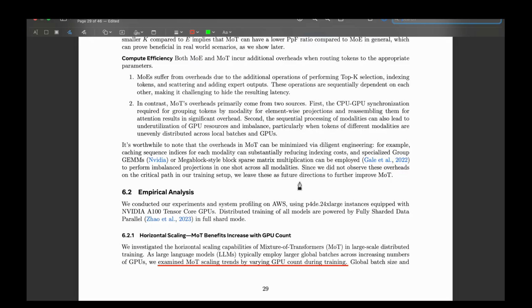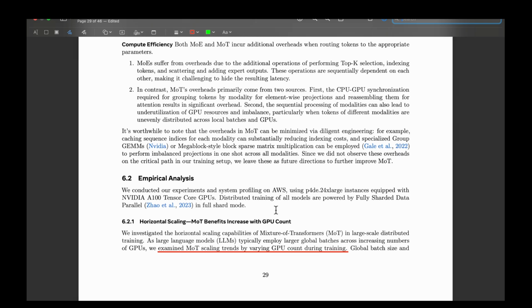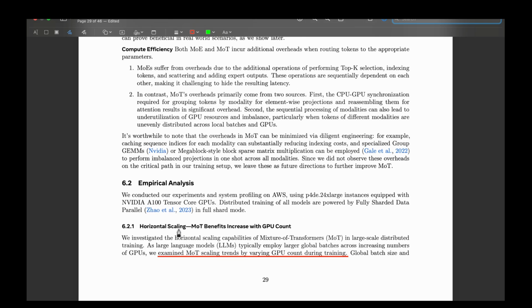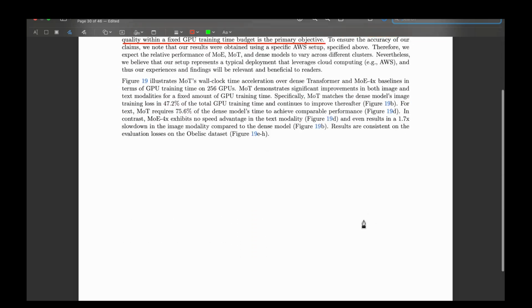So with that performance gain with MoT, they show some empirical analysis. Empirical analysis is done on AWS with the P4de.24xlarge instances equipped with A100 NVIDIA GPUs. So the first one that they do is horizontal scaling, where they examine MoT scaling trend by varying the GPU count during training. So the question is, if we increase the GPU count, how does the performance improve?